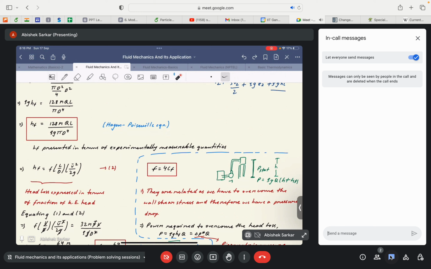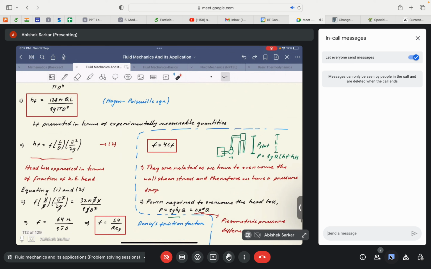So these two terms act as coefficients that represent a fraction of the total kinetic energy head.